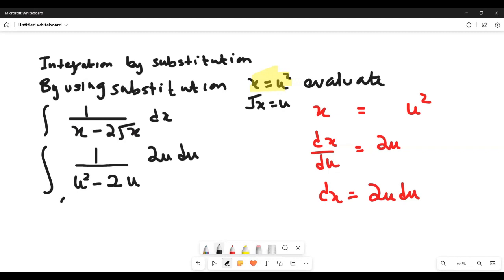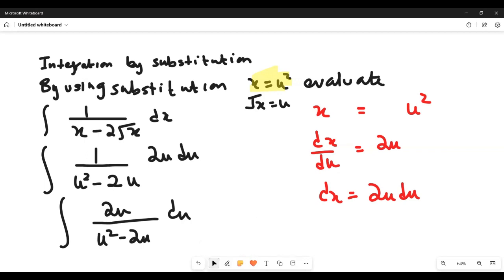So now we have 2u in the numerator and u square minus 2u in the denominator. I'm going to take u common in the denominator and cancel it with the u in the numerator.